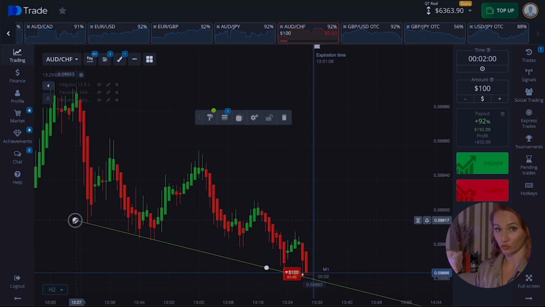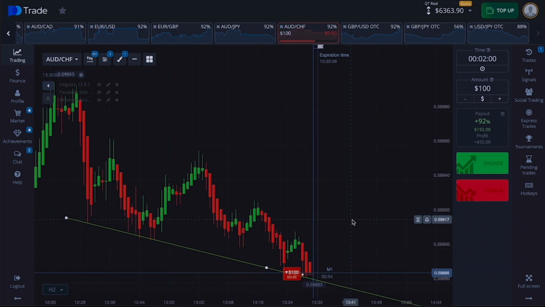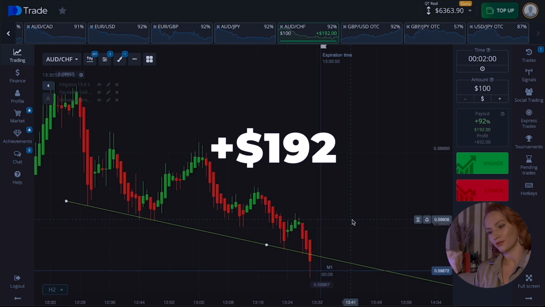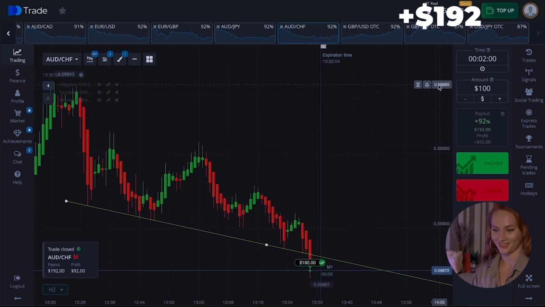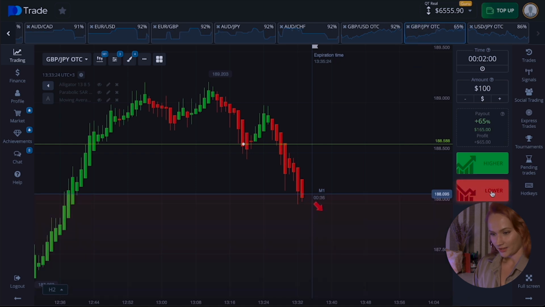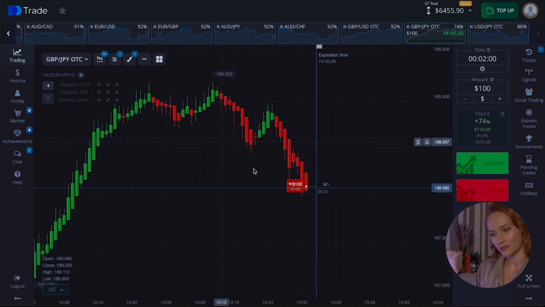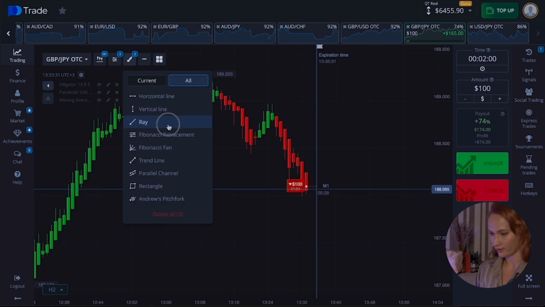We see a downtrend, thus we open a sell deal. Okay, let's see. An excellent deal that brought us profit. So let's look at this particular part of the graph.